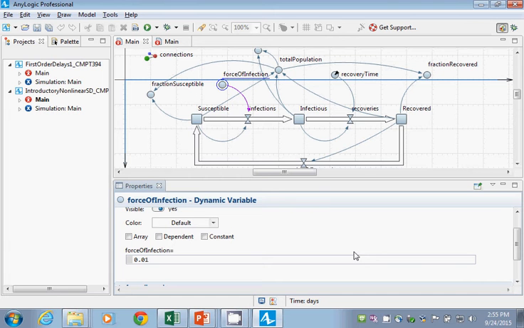So on what must this depend? For those who have watched the video, give me some types of things on which this force of infection depends.